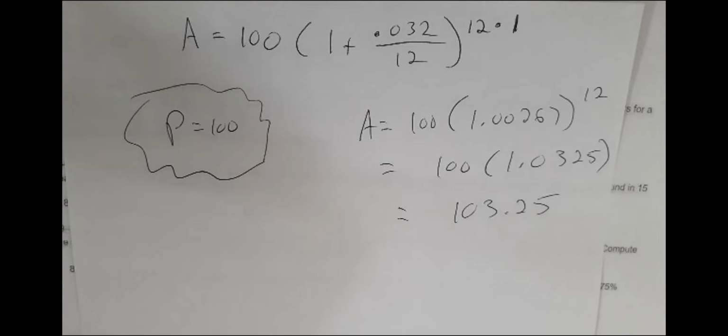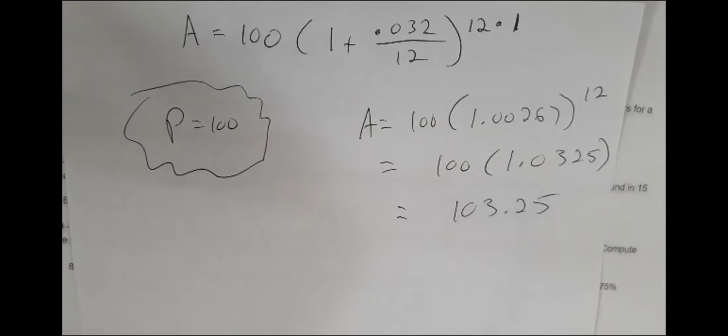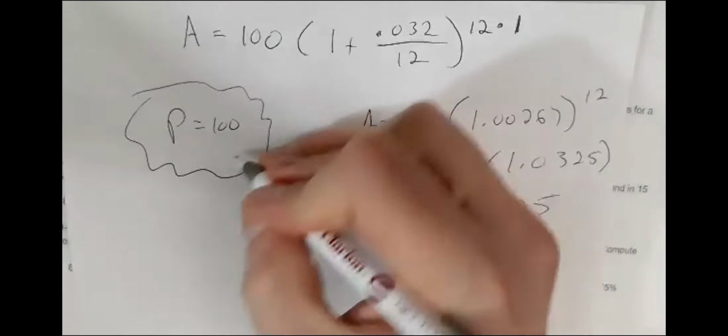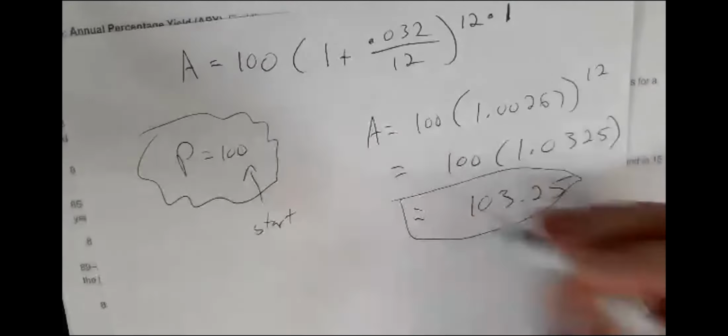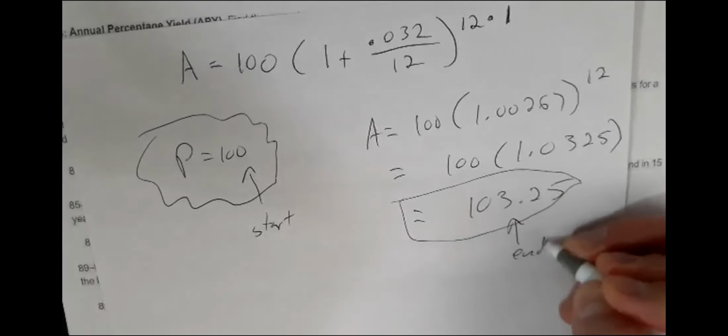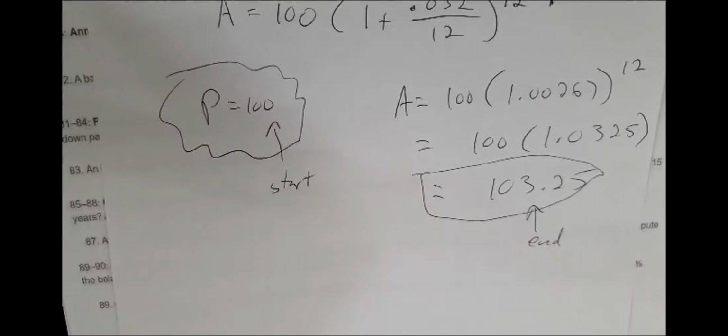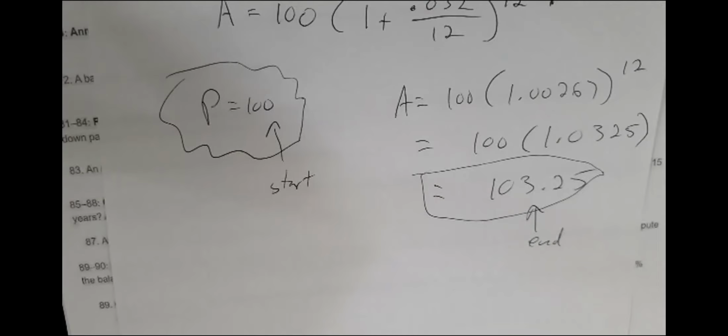And so what is this telling me? After 1 year, if I start out with $100, I'm going to end up with 103.25. So how much did this increase? $3.25.